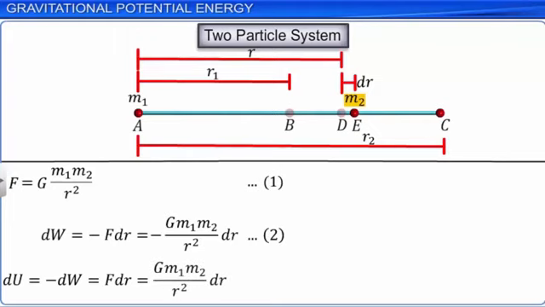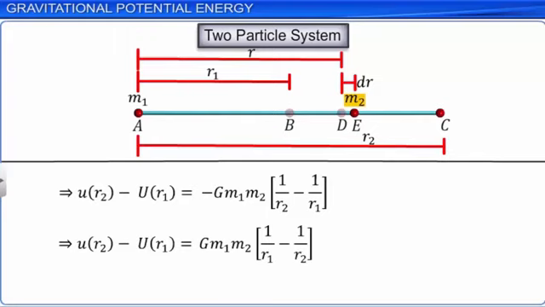Now consider the distance between the two particles is infinity. In this case, the potential energy of the system is chosen to be 0. Thus, U infinity is equal to 0. In general, while defining the gravitational potential energy of a two-particle system, we bring a particle from infinity close to another particle.